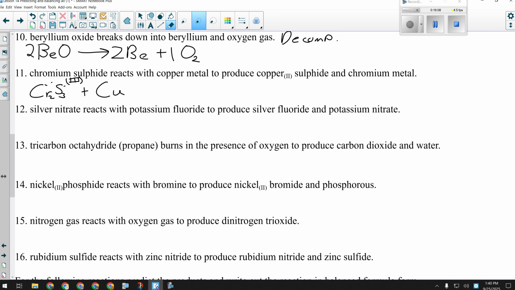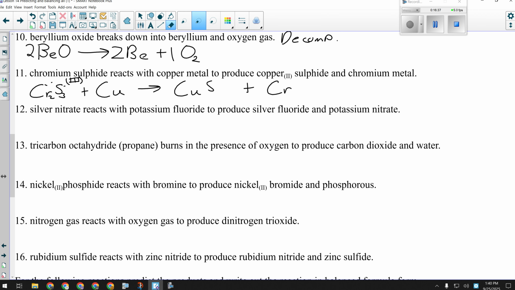Now if this was a predicting one, I would have to go with copper's most common charge on the other side, but in this one it's not predicting. It's telling us that on this side it is copper with the 2 plus charge going with sulfur. It also has a 2 minus charge, so that compound is fine that way. Okay, and chromium metal. So just Cr. Okay, what kind of reaction are we looking at?